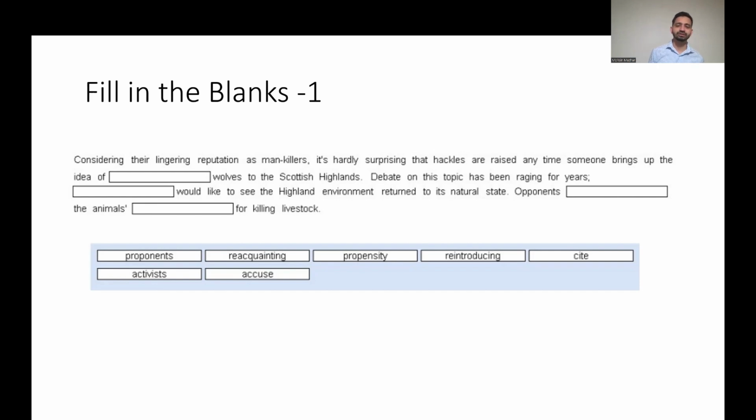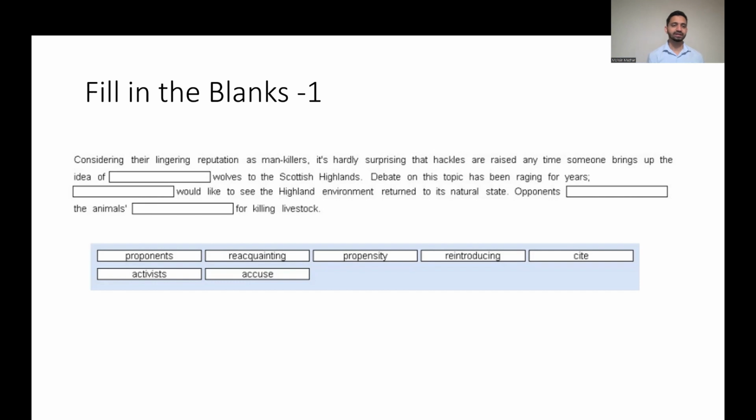So if you think about it, it's the idea of what? We're looking for a verb here, I think. Wolves. Debate on this topic has been raging for years. Something would like to see. So we need a noun here, don't we? Would like to see the highland environment return to its natural state.